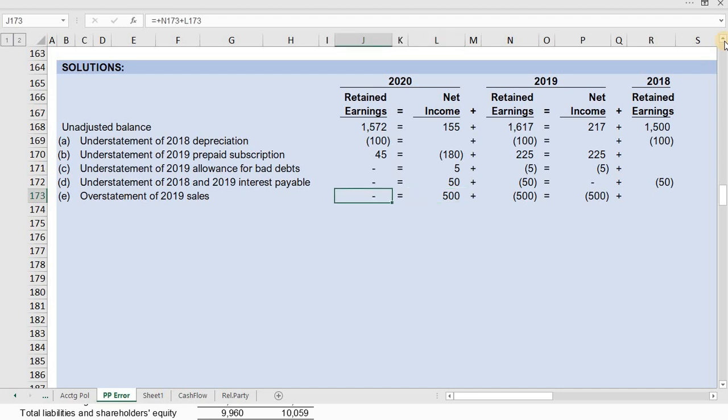It means that the error has already counterbalanced at the end of 2020. So this means that any error on sales is considered as a counterbalancing error. And to prove that mathematically, that is negative 500 is equals to negative 500 plus positive 500, that is 0.